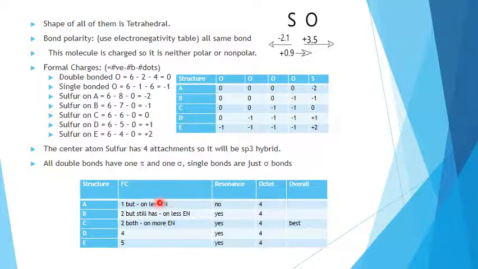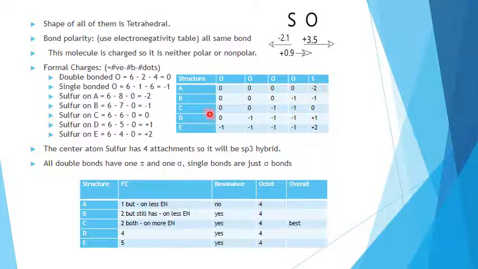Number one now looks like it only has one formal charge, but the issue is this. Even though it just has one formal charge, it's who that formal charge belongs to. It has a -2 on sulfur. Now, the outside atom, oxygen, is more electronegative, and you would like to have the negative formal charge on the outside atoms, because they are the ones that tend to have more of the electrons.